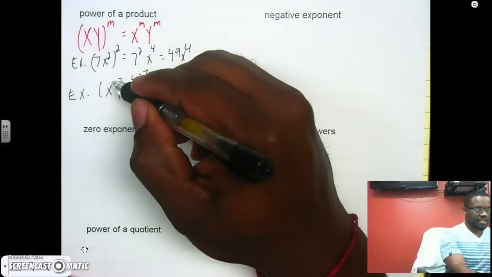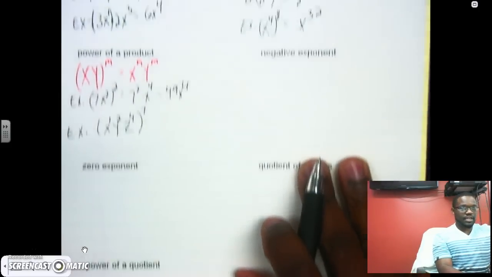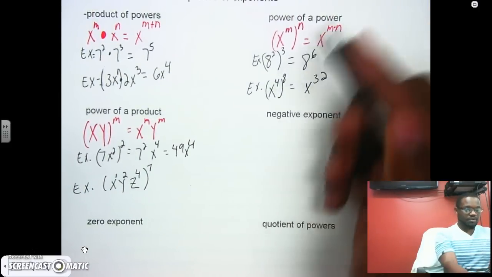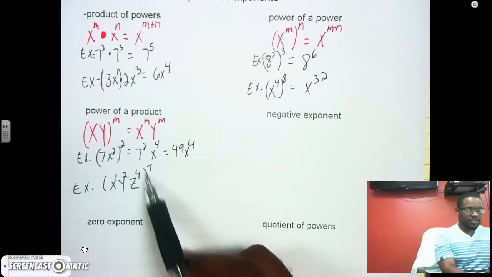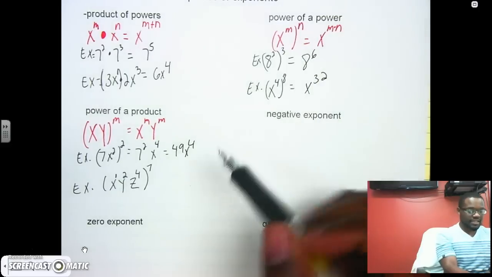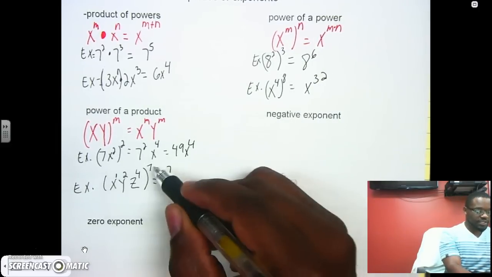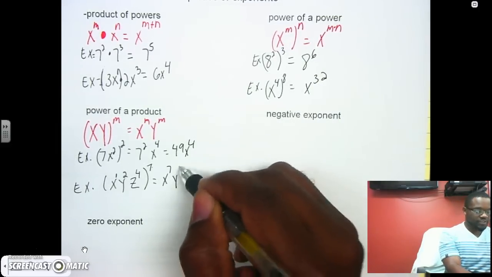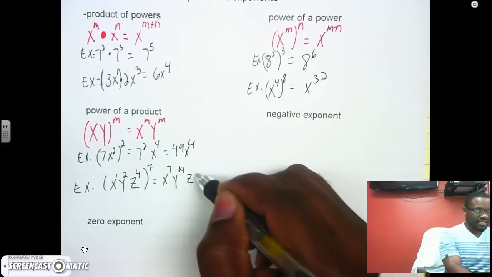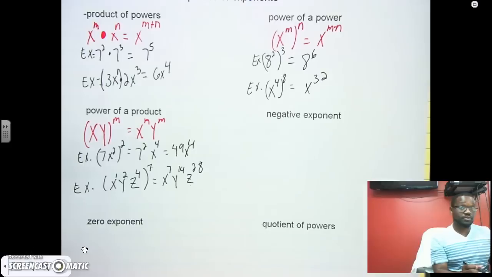Now remember that the exponent here is a 1, even though it's not written. And if you haven't noticed yet, I'm still using the power of a power because all of these are inside a parenthesis being raised to another exponent, just like this said. So this is actually going to be x to the 7th. Why? Because 1 times 7 is 7. y to the 14th. And z to the 28th. 7 times each one of those exponents.